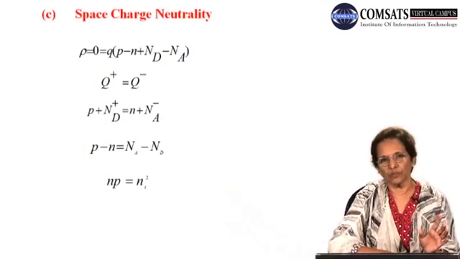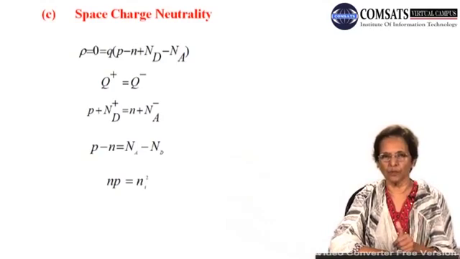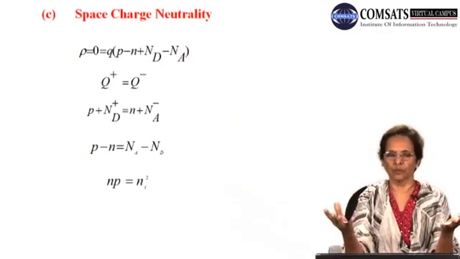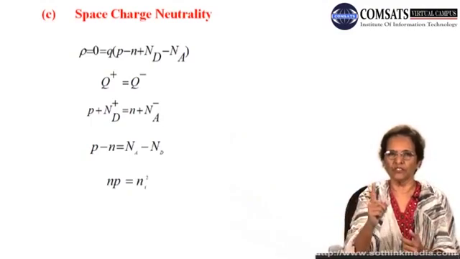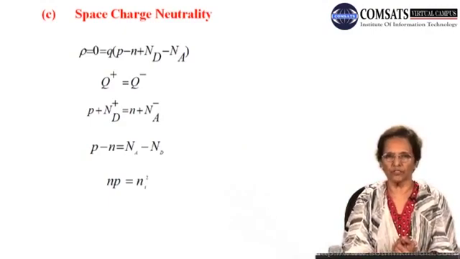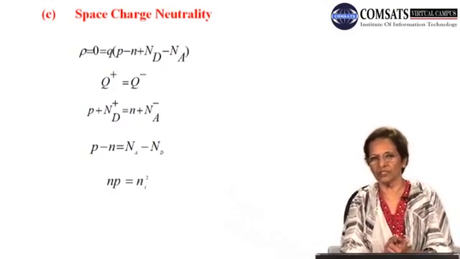Then there is a large number of donor impurity. The donor impurity is positively ionized. Acceptor impurity in the ionized state is negatively charged. So we have two types of charges, the positive charges and the negative charges. Let's look at the third equation. Space charge condition requires that the total positive charge must be equal to the total negative charge.